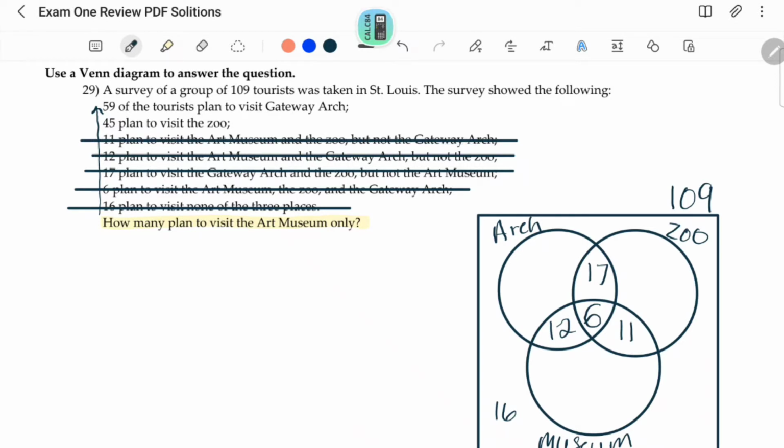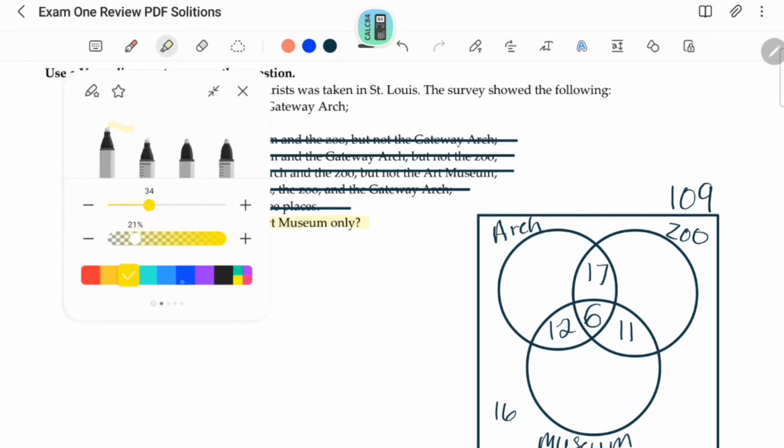Now be very careful with the next 2. It says 45 plan to visit the zoo. So you may be tempted to put a 45 here. But if you put the 45 there, that is going to be incorrect. Do not do that. Read what it says again.